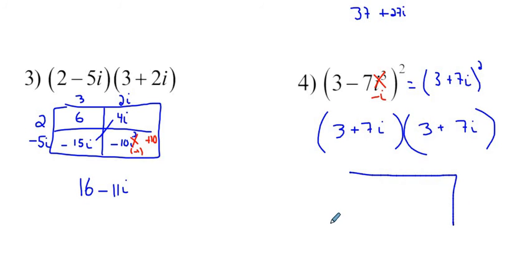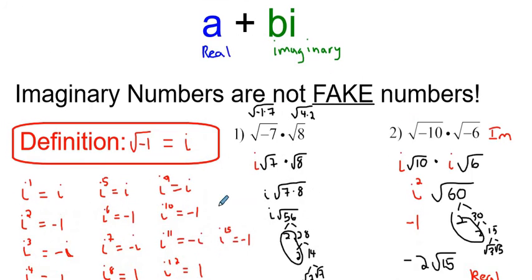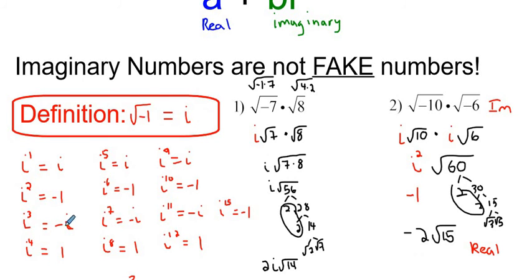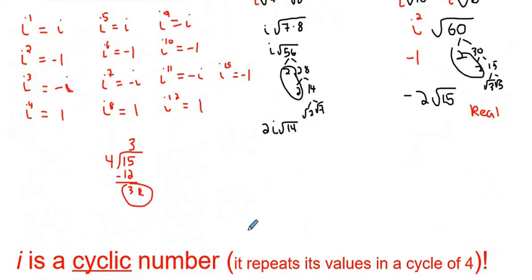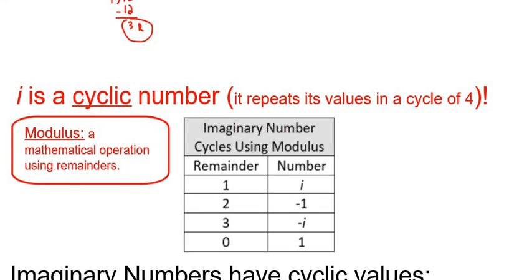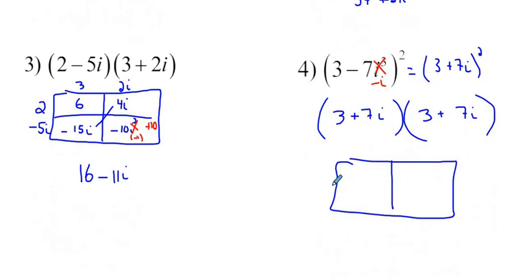All right, so now that I have that, again, I'm going to box that up. And if you're wondering what I did there, you can just refer back to this. i to the third power is negative i right there. You could also see it in the little table we talked about just a couple moments ago. All right, so here we go. Going back to boxing this up. 3 times 3 is 9. 3 times 7i is 21i.